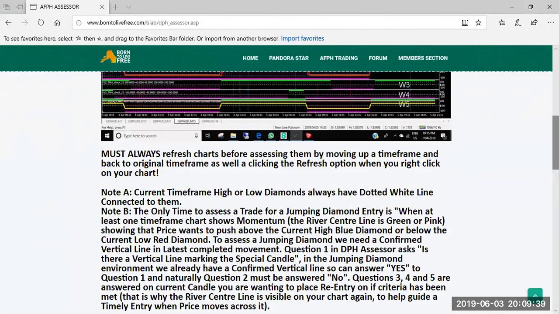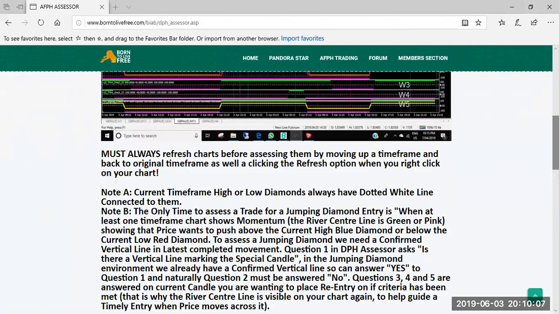You may also have a confirmed blue vertical line or a red vertical line that's been confirmed in a higher time frame, which allows you to use the jumping diamond scenario for the lower time frame.